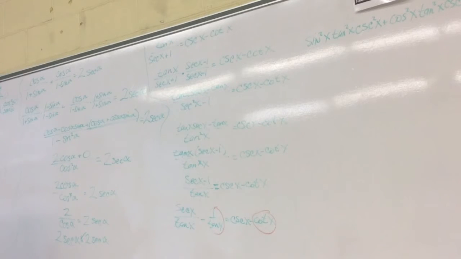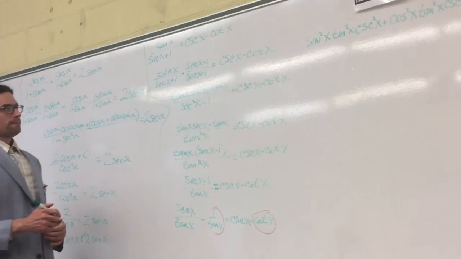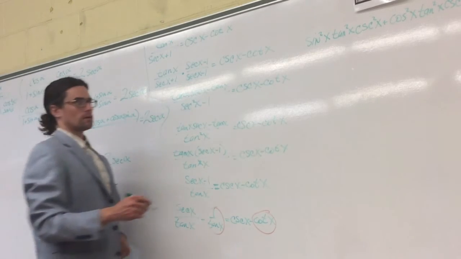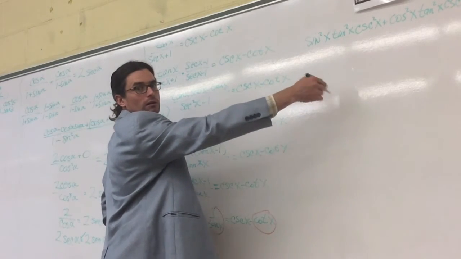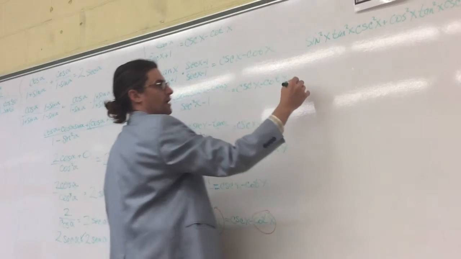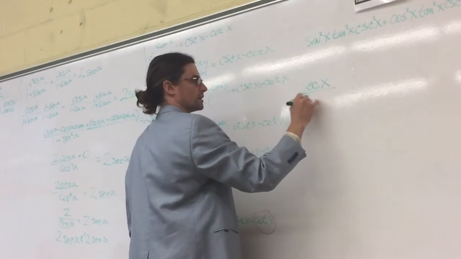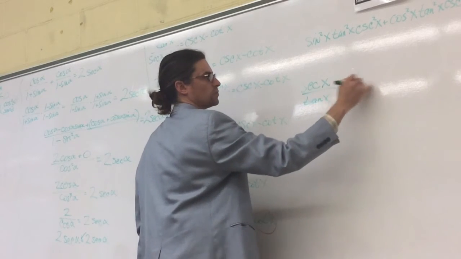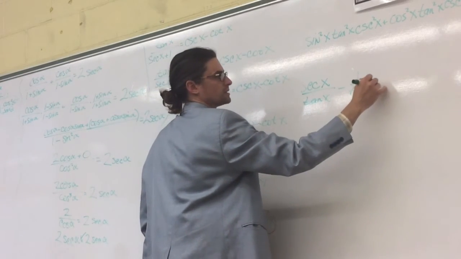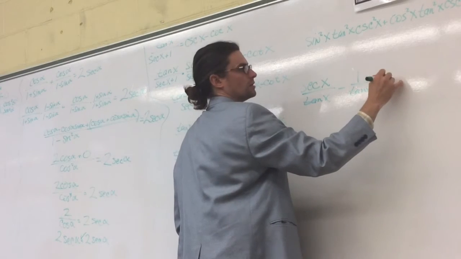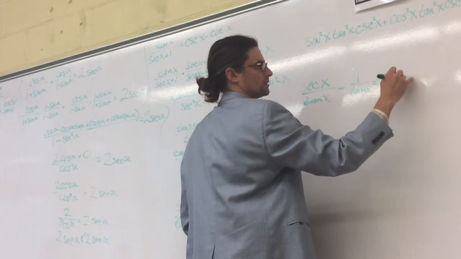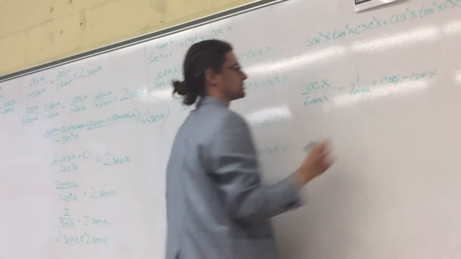What do you got back there, Hannah? I was saying if you change secant to 1 over cosine, and then you can change tan of x to sine of x over cosine of x, and when you divide, you're multiplying by the reciprocal. All right, so we have secant x over tan x minus 1 over tan x equals cosecant x minus cotangent x.